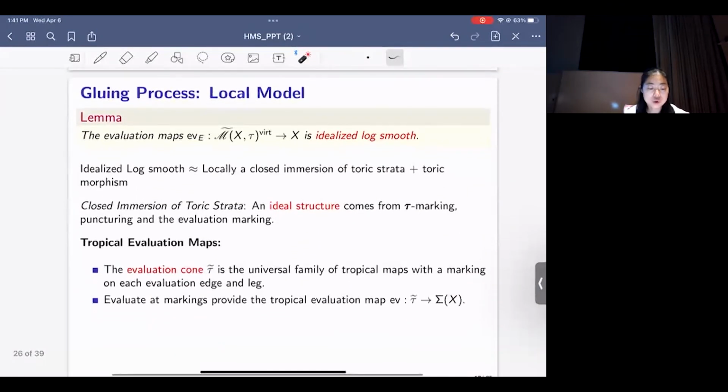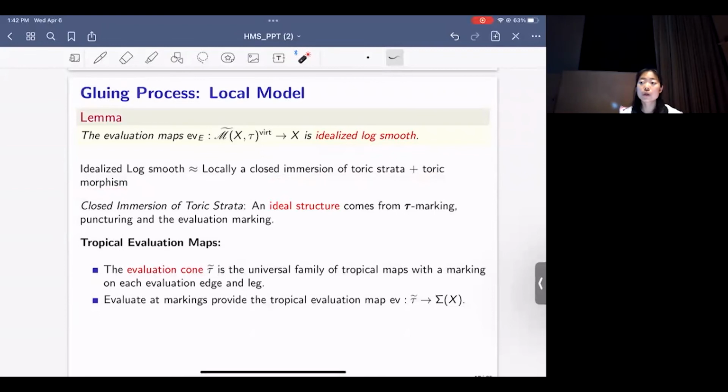So now we're ready to study the gluing process because we know a little bit about the logarithmic fiber product now. And the key fact is that the evaluation map, actually it's the space that I told you about, but here I treated it a little bit by writing the virtual class of the space mapping to X, is idealized log smooth, where idealized log smooth means locally it is a closed immersion of toric strata together with a toric morphism.